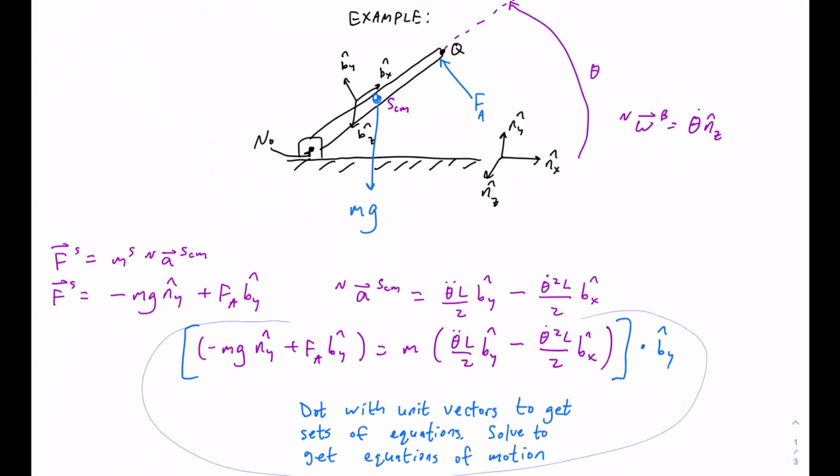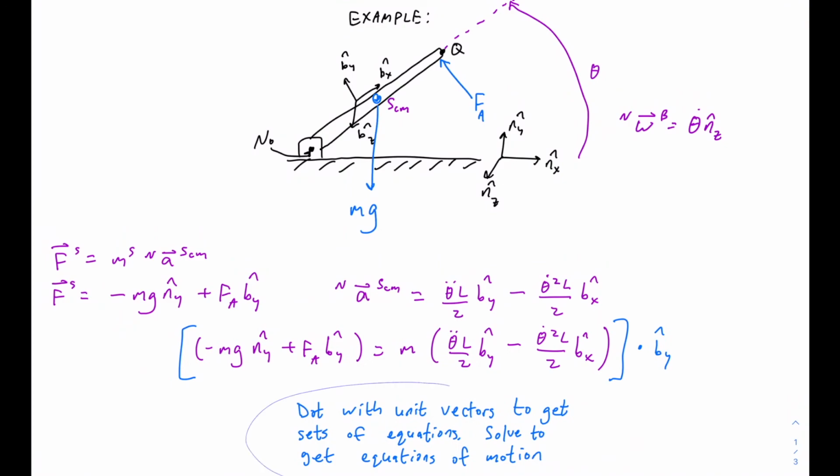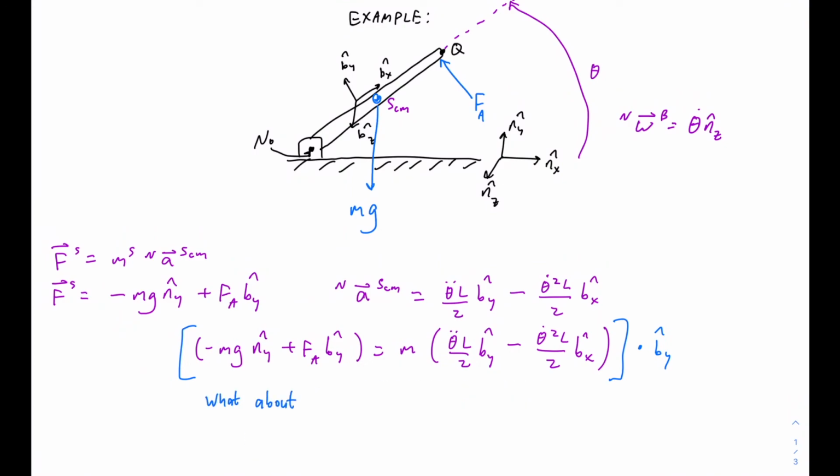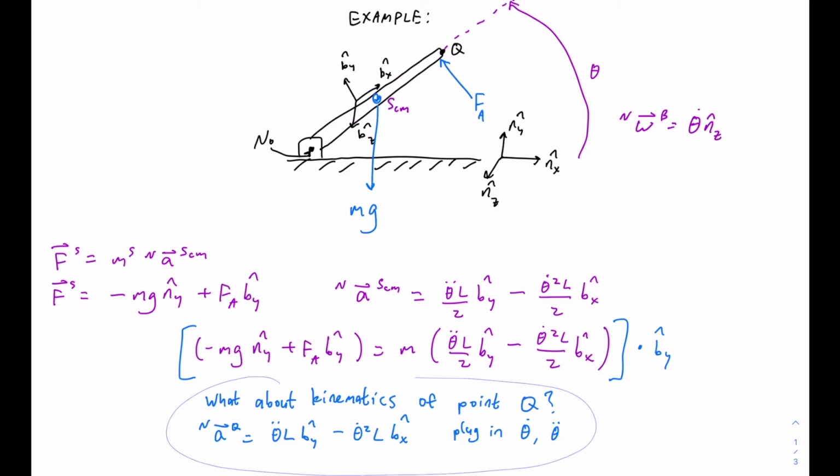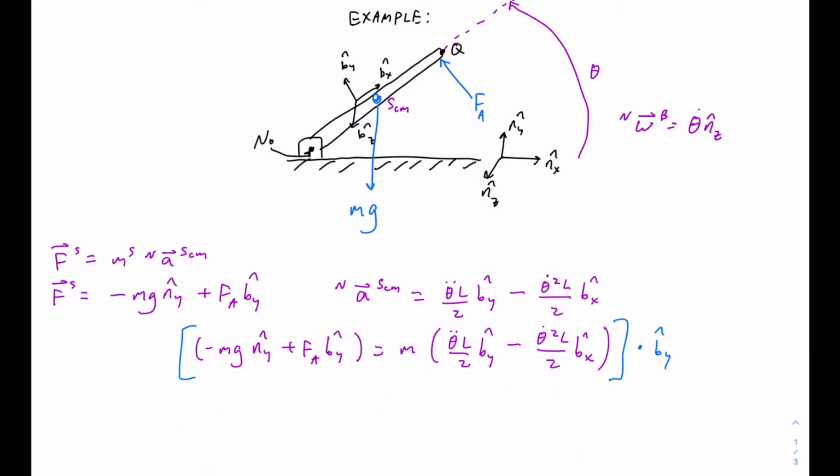So now we have the equation for the center of mass of the beam. But what if we care about another point, such as point Q? Here's the equation for the acceleration of point Q that we derived earlier. We can solve for theta using F equals ma, and then plug in theta to get acceleration of Q. Alternatively, we can also write the acceleration of Q in terms of the acceleration of other vectors.